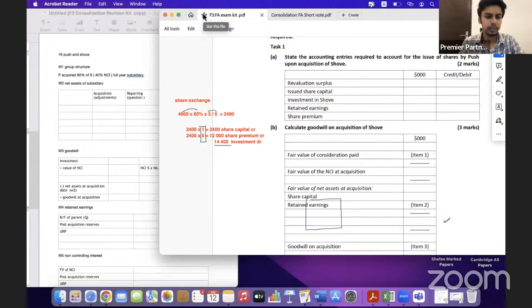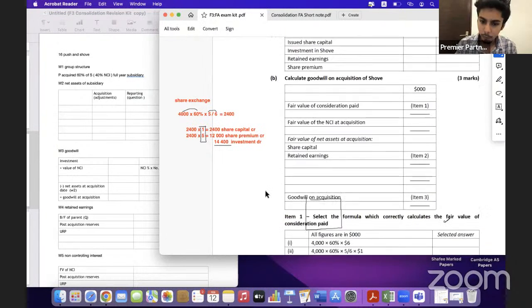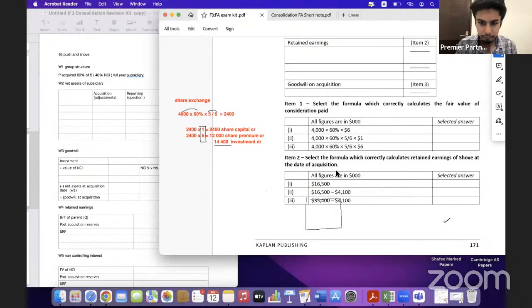Wait, let me check one more time. 2,400 into 6. Okay, no, I think it will be okay because see, 4,000 into 60%, that multiplied by 5 divided by 6.